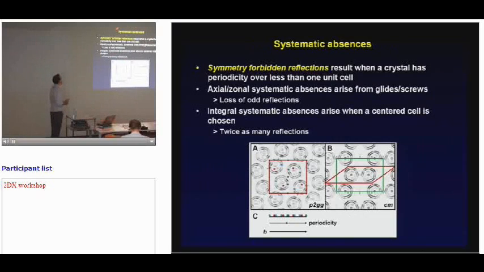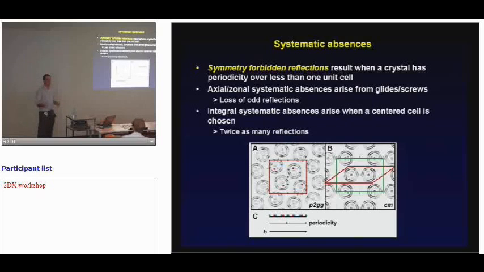The second thing we can look for is the presence of systematic absences. This seems to be a little bit out of order, but regardless, I'll talk about it anyway. So systematic absences arise from the situation which I talked about earlier, about how we can have either a primitive cell or a centred cell which describes our crystal lattice. So the example here I showed earlier has internal periodicity, and so what you'll notice is that the A and B vectors which describe this unit cell are different to the A and B vectors which describe this unit cell.